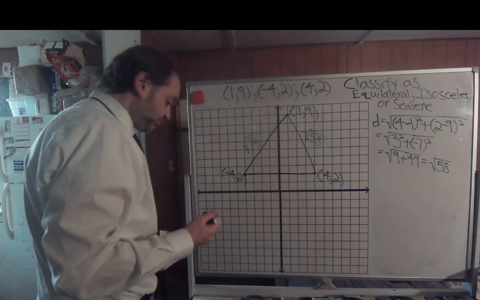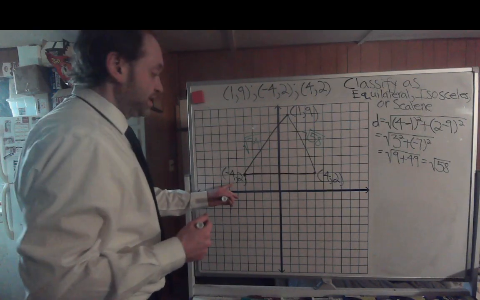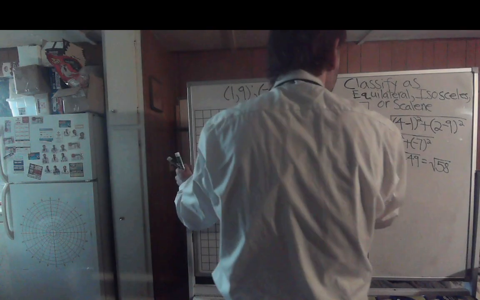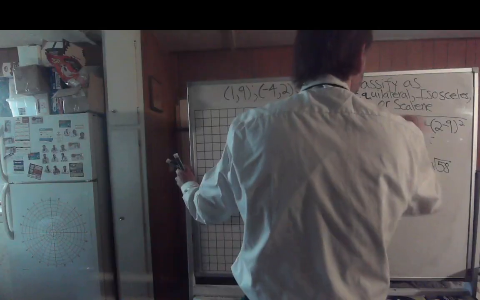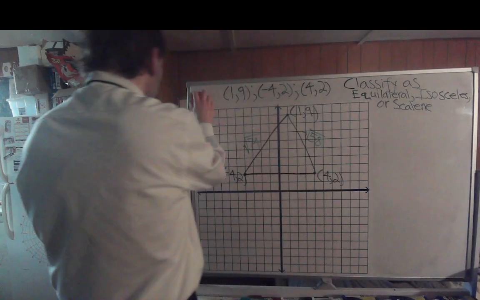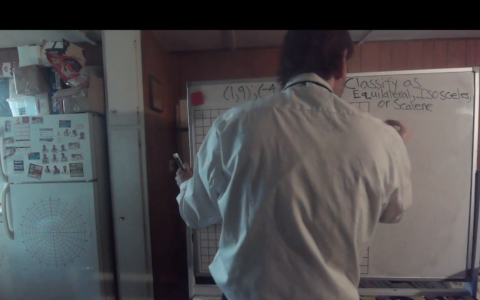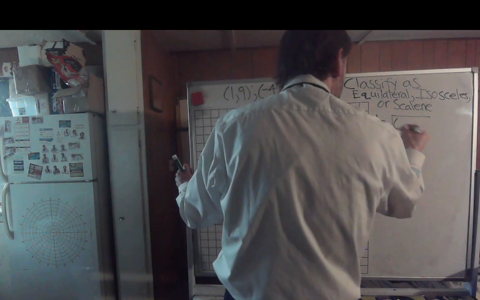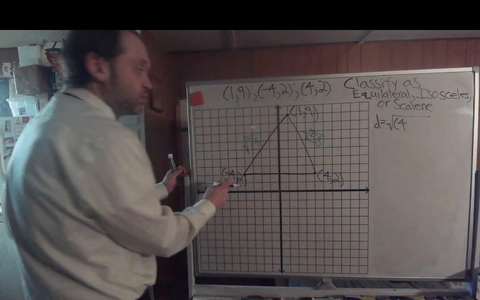and then we need to find the length between negative 4, 2 and positive 4, 2. So let's go ahead and find that. Alright, so distance, let's see, our x2 is going to be positive 4 minus our x1 of negative 4.